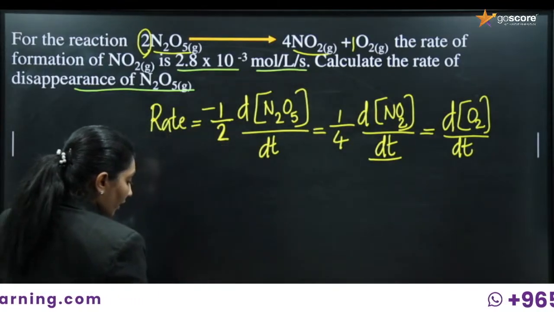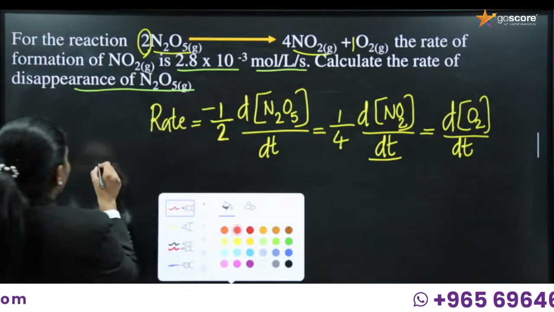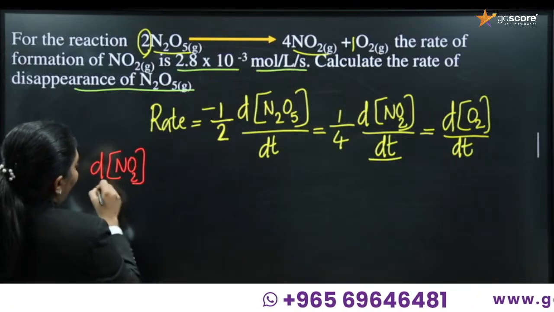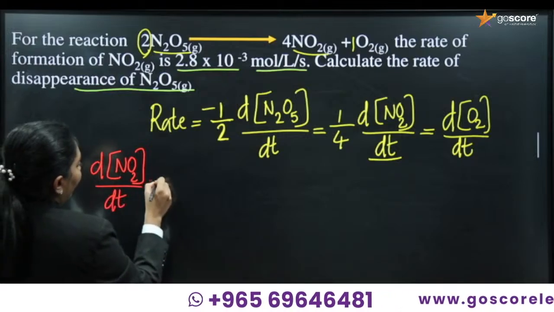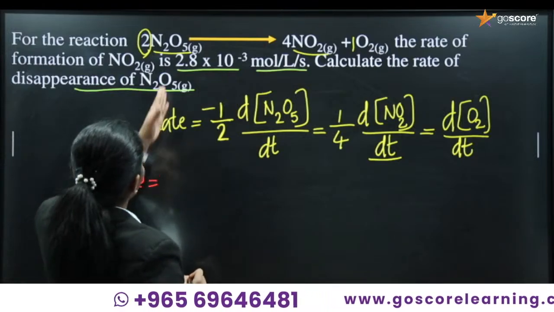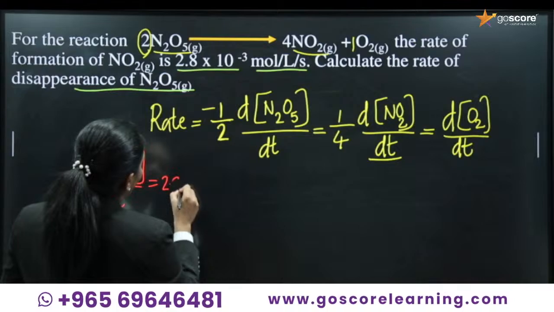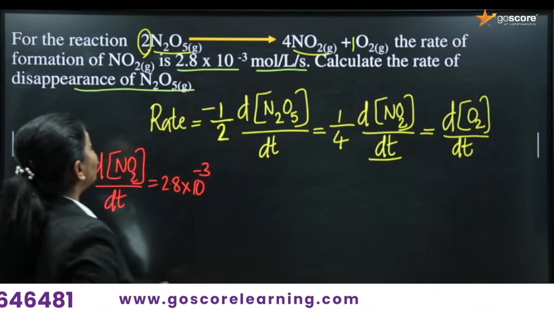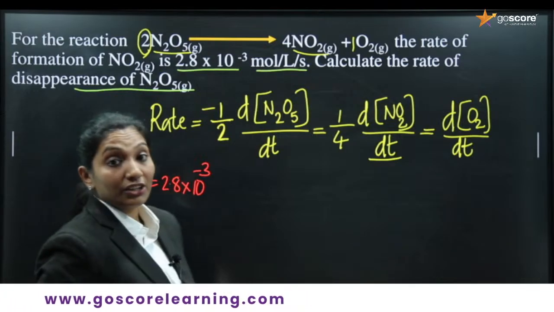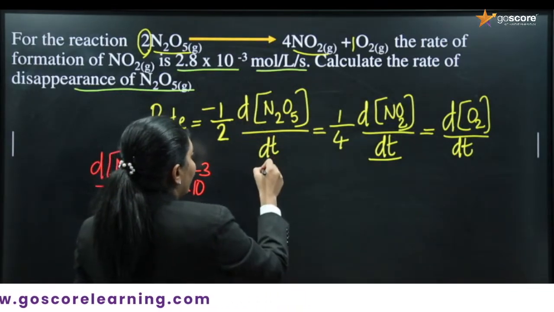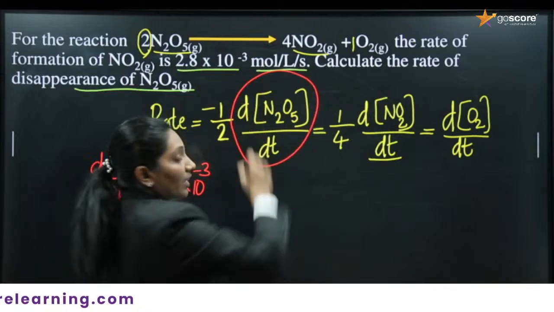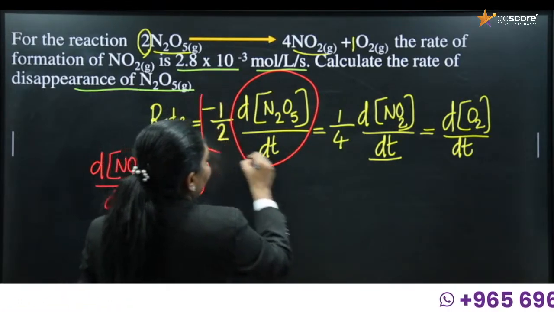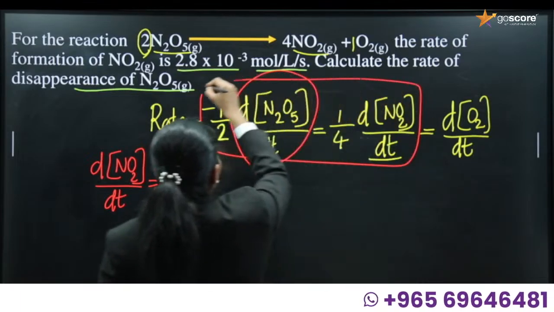Now see, the question has given the rate of formation of nitrogen dioxide. So we are provided with the change in the concentration of nitrogen dioxide. dNO2 by dt is given as 2.8 into 10 the power minus 3. So what do you want to find out? It is the rate of disappearance, that is minus dN2O5 by dt. How will we calculate? Simply by taking this, right?